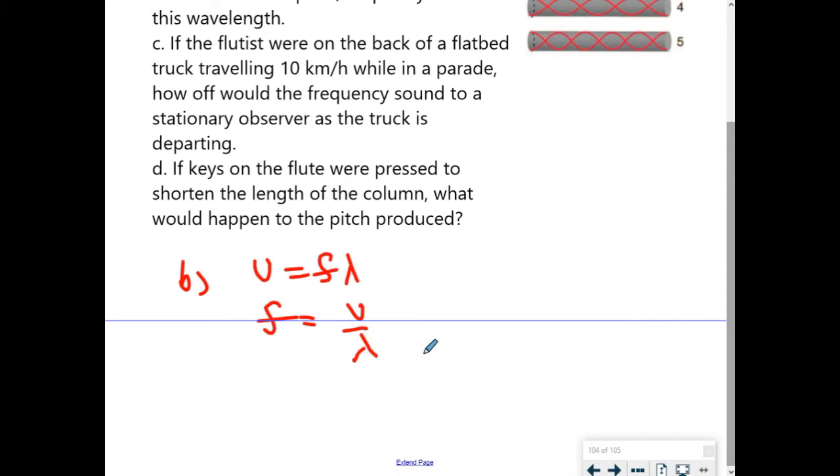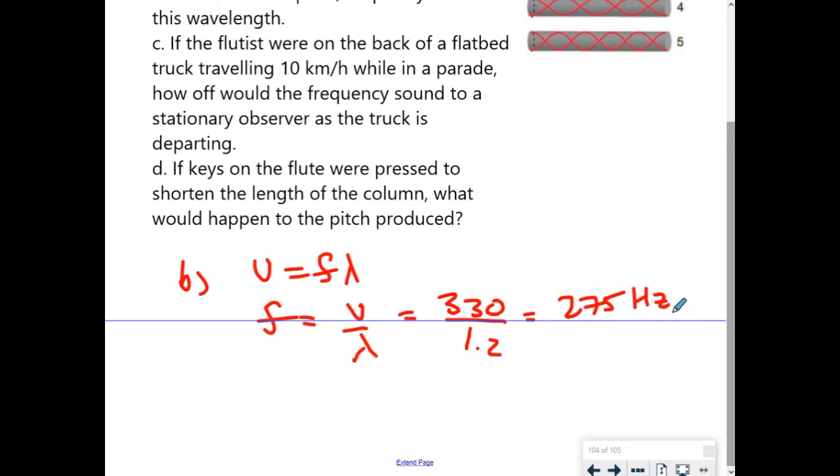Speed of sound, because it's making sound. Right? So the speed of sound is 330 meters per second. How big was that wavelength that we could fit inside the tube? Keep in mind, we only fit half the wavelength inside the tube, right? But how big would the wavelength have been? 1.2. So this will tell you your frequency. 330 divided by 1.2 gives you a frequency of 275 hertz.